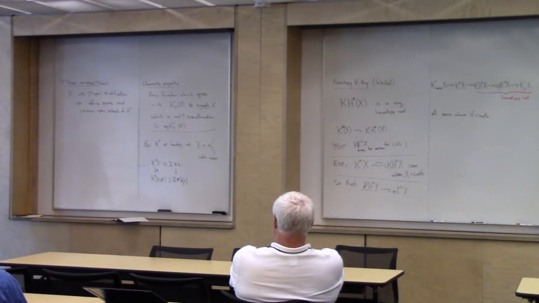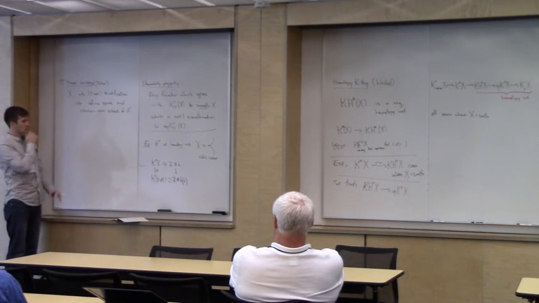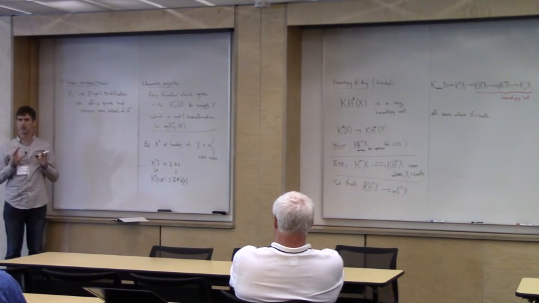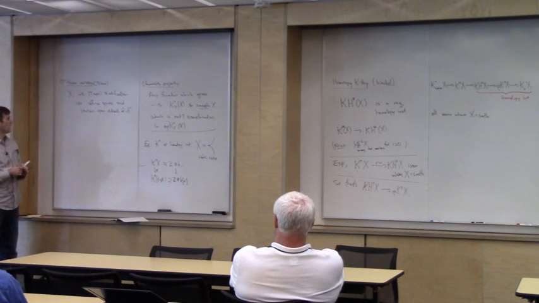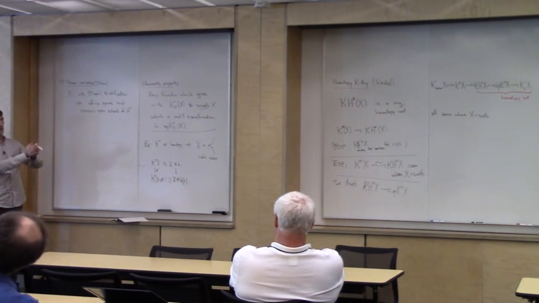So let me just say in words what this means. Affine space is linear, and if you have a linear variety and you can embed it in affine space, then the complement of that is linear. And any variety that has a decomposition into locally closed subsets, each of which is linear, is also linear.